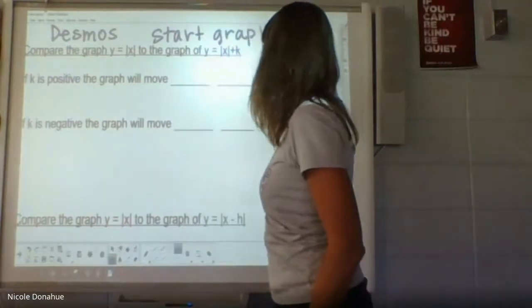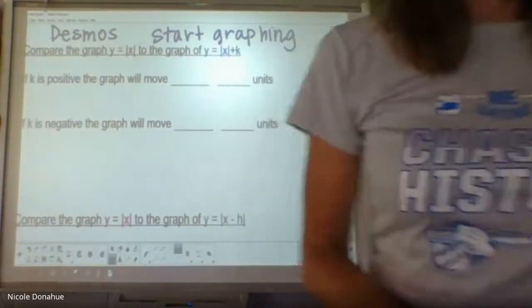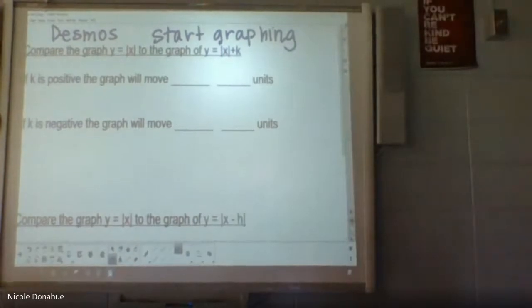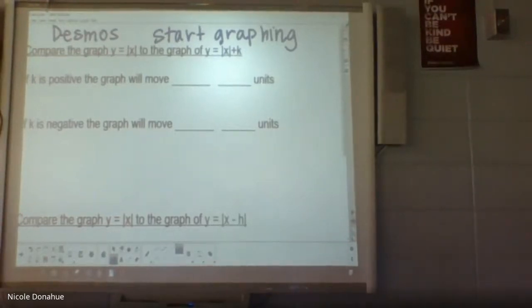And then once you go into Desmos, you want to hit start graphing. And I'll show you guys Desmos. And we're going to follow these directions. Should say Desmos, then start graphing.